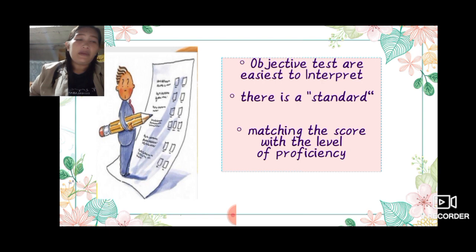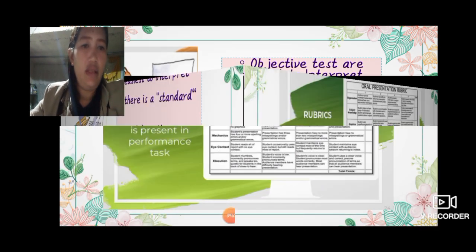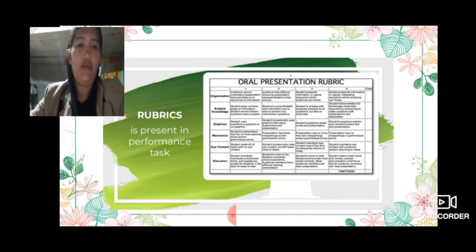Sections: the knowledge, graphics, mechanics, eye contact. Okay, so this is the oral presentation rubric, no? Eye contact, graphics, mechanics, like that.